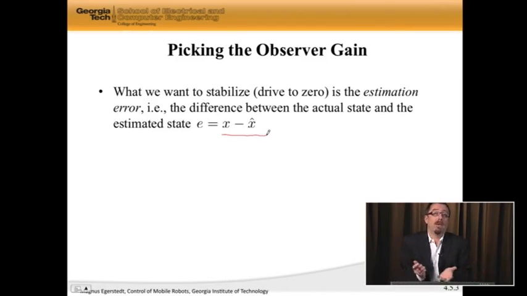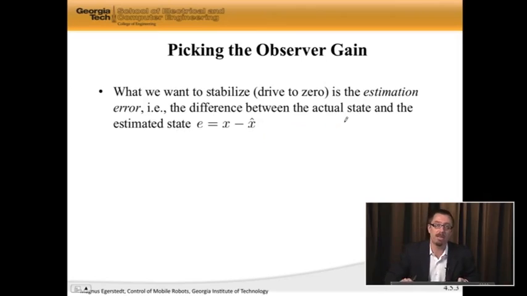But we can still write down e is x minus x hat. Well, I would like e to go to 0, because if I can make e go to 0, then x hat goes to x, which means that x hat is a good estimate of x. So what I would like to do is actually stabilize e, make e asymptotically stable.